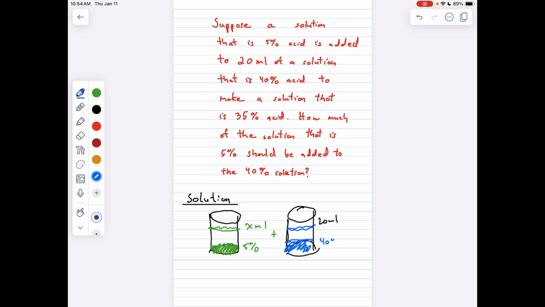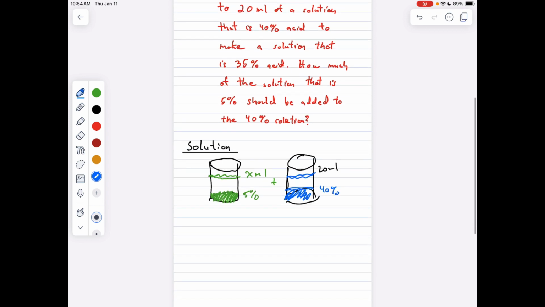So 40%. And finally, we're going to put these together. Imagine you put them both together in a larger container. I don't know, that helps out.